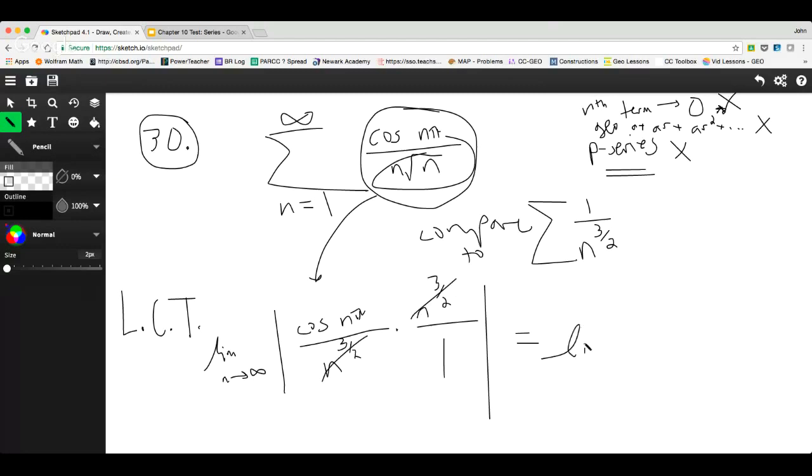So we have the limit as n goes to infinity of cosine of n pi. Unfortunately, the limit as n goes to infinity of this actually does not exist.